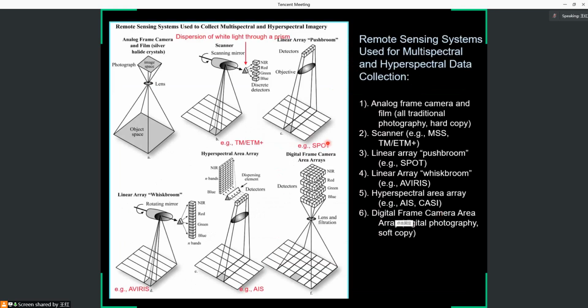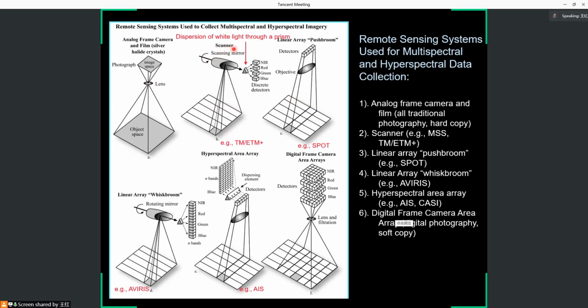And this is for remote sensing. For example, remote sensing systems used to collect multispectral and hyperspectral imagery. These three are for the multispectral side, for the TM, ETM Landsat.